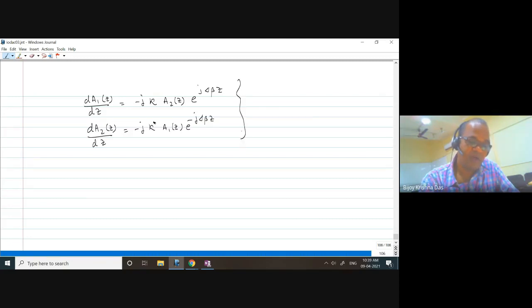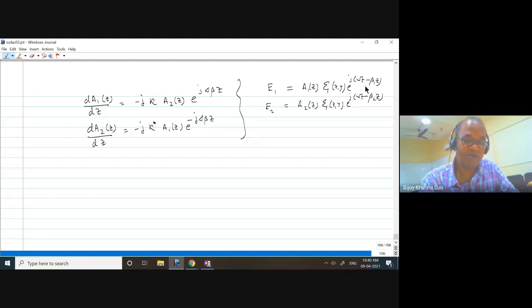keep in mind that mode 1 is defined as the electric field distribution A1z E1 xy e to the power j omega t minus beta 1 z, and mode 2 is A2z E2 xy e to the power j omega t minus beta 2 z.